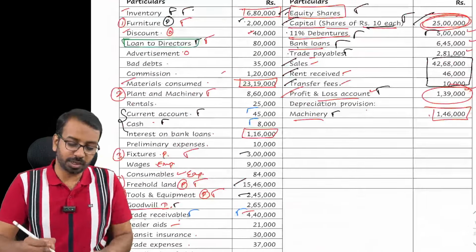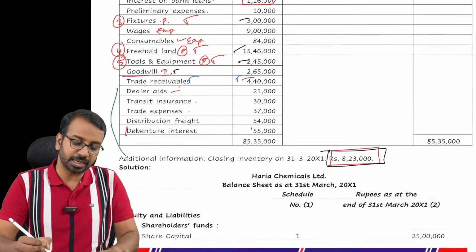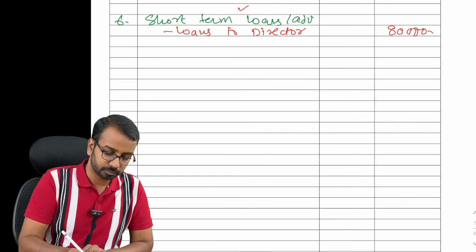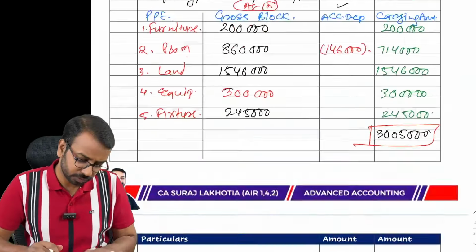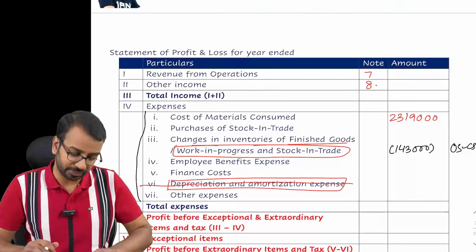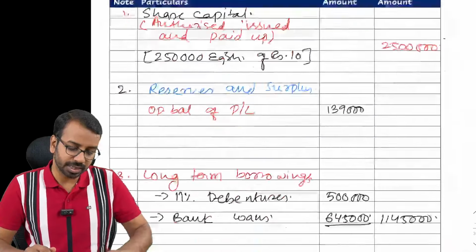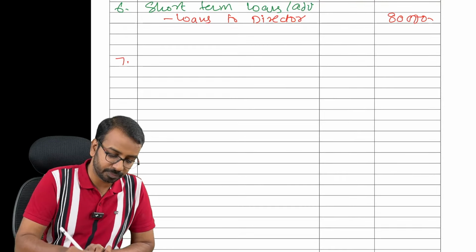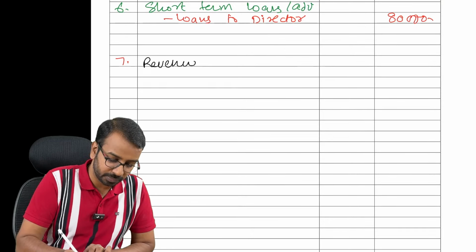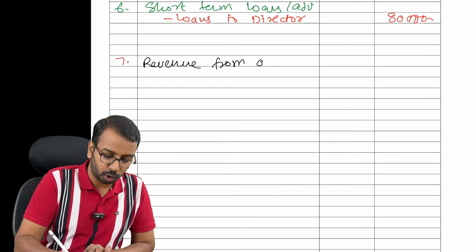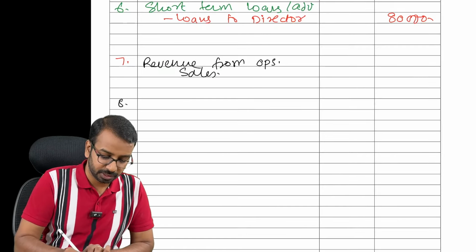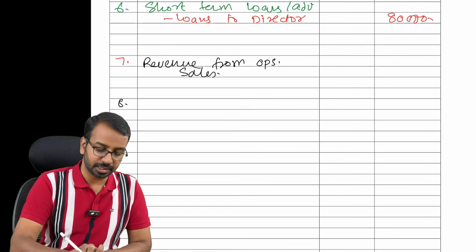In note number 7 we will take 42,68,000 sales. Note number 7, revenue from operations, sales. The amount is 42,68,000.